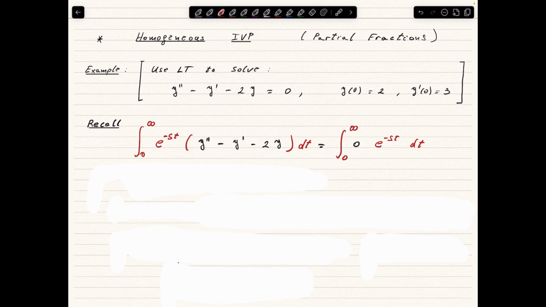And now we are using integration by parts to move these derivatives to the function we have multiplied the equation by.